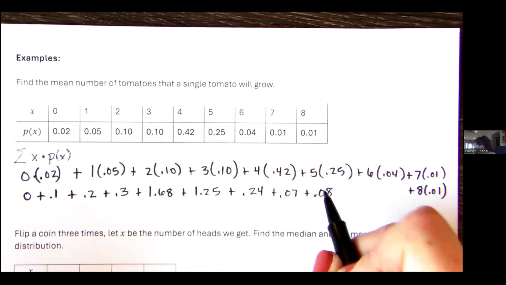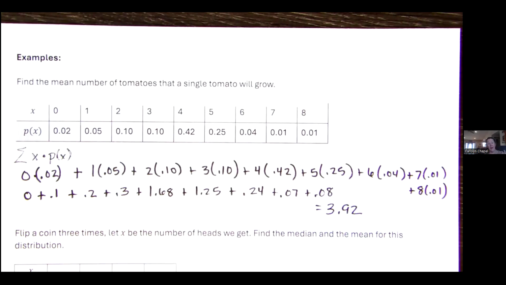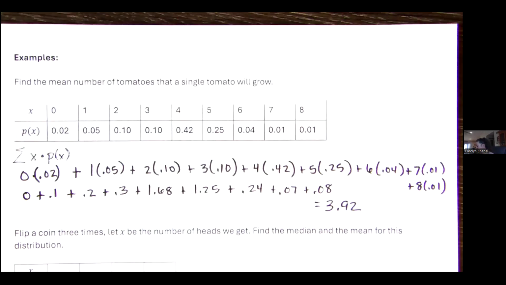And I have 3.92. So on average, we expect tomato plants to carry about 3.92 of them. So if I had 100 tomato plants, I'd get about 392 tomatoes total. So about 3.92 per plant times my 100 plants, I'd get roughly 392 tomatoes out of that.